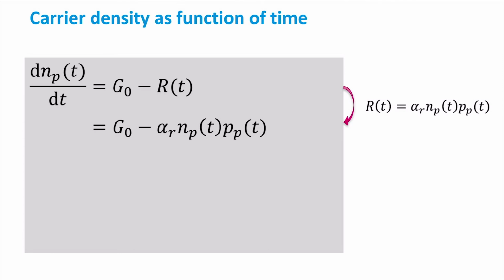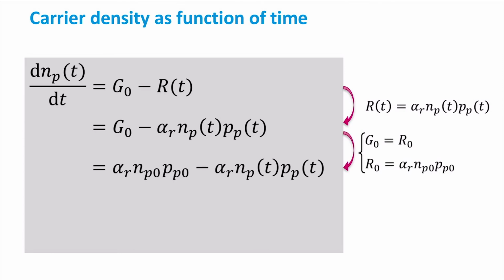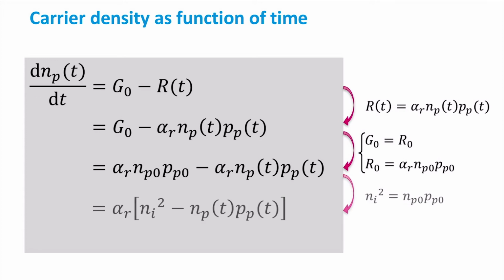We can find a similar relation for the thermal generation rate by realizing that this is equal to the thermal recombination rate and that this in turn can be written as the product of the thermal equilibrium carrier concentrations Np0 and Pp0. Finally, we apply the mass action law for semiconductors, which states that the square of the intrinsic carrier concentration equals the product of the electron and hole thermal equilibrium concentrations.